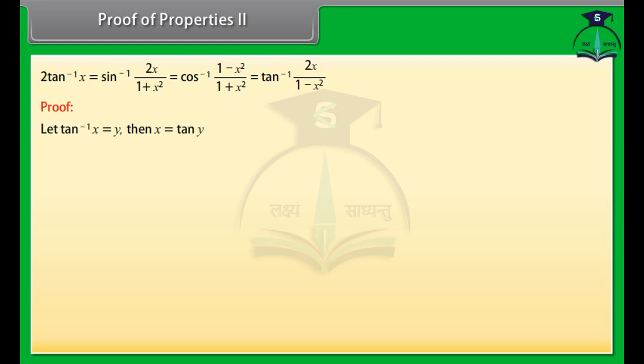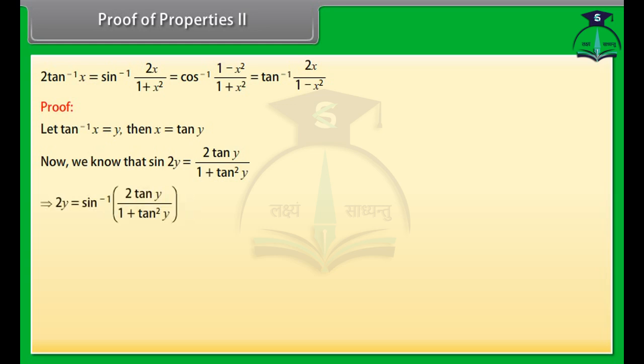Let tan inverse x is equal to y, then x is equal to tan y. Now, we know that sine 2y is equal to 2 tan y by 1 plus tan square y. It implies that 2y is equal to sine inverse 2 tan y by 1 plus tan square y.